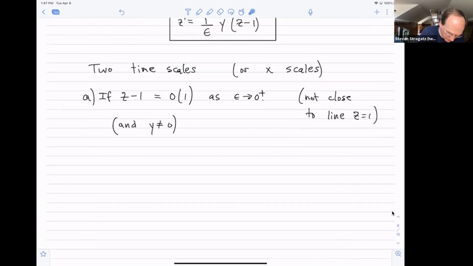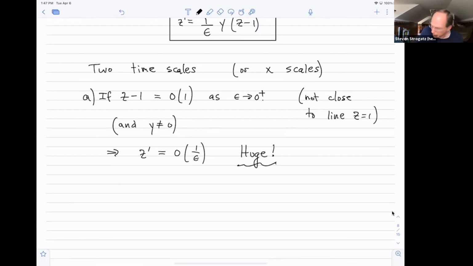So if we're in this regime, z prime is, let's put it this way, order 1 over epsilon, which is huge.